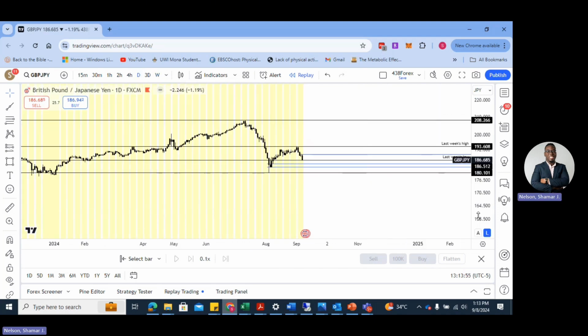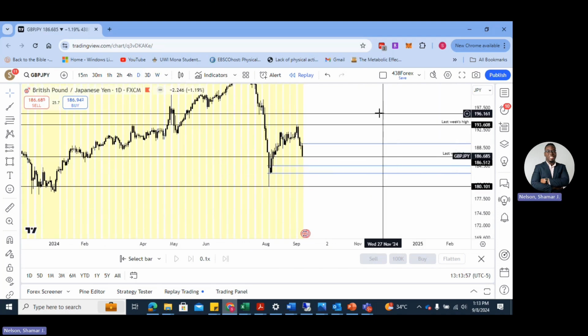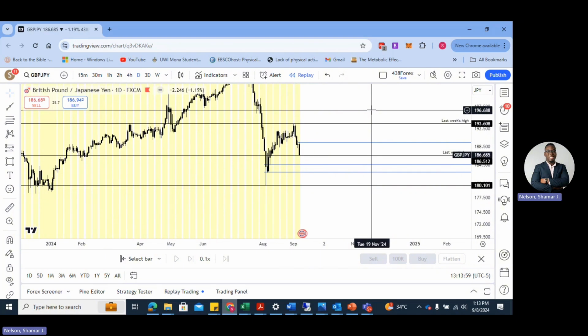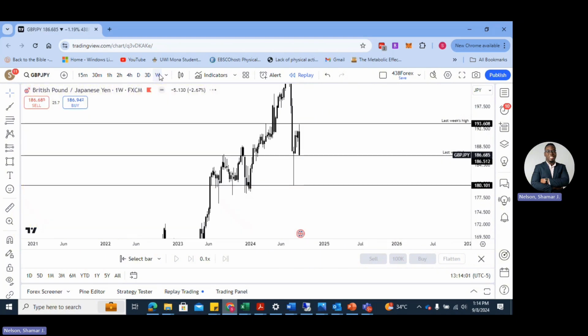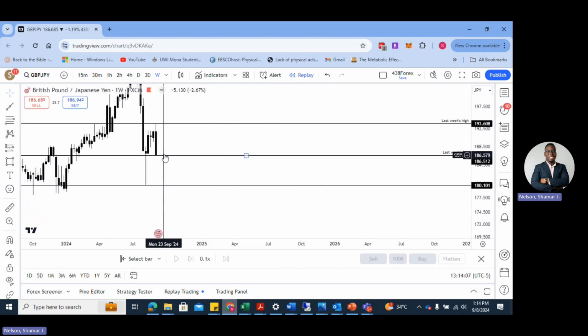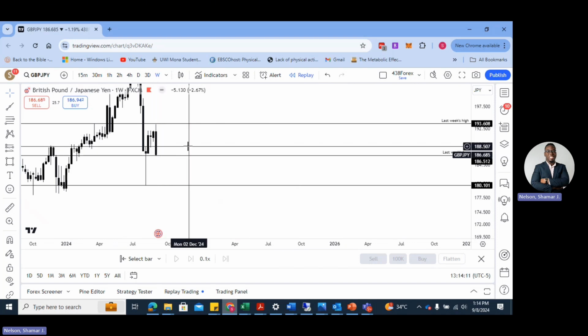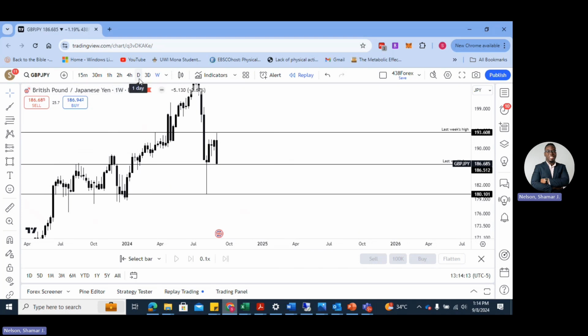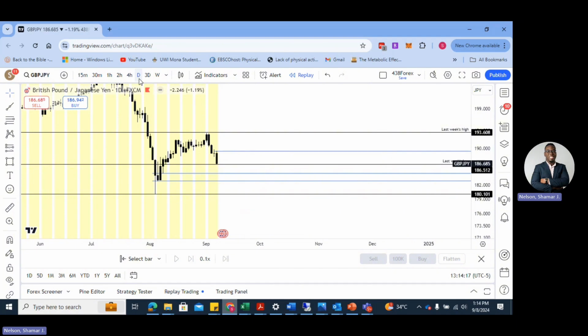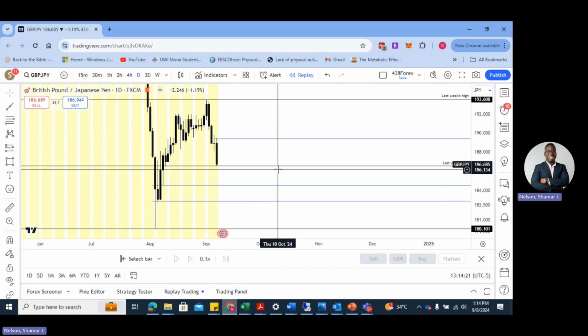Based on what I'm seeing on the weekly, I expect my market to continue to fall, because of this big candle here. This candle engulfed about 3 candles, and it took out the lows of multiple weeks, the last 3 weeks. So because my directional bias is down, I'm going to look for confirmation of that on the lower time frame, which is now the daily.